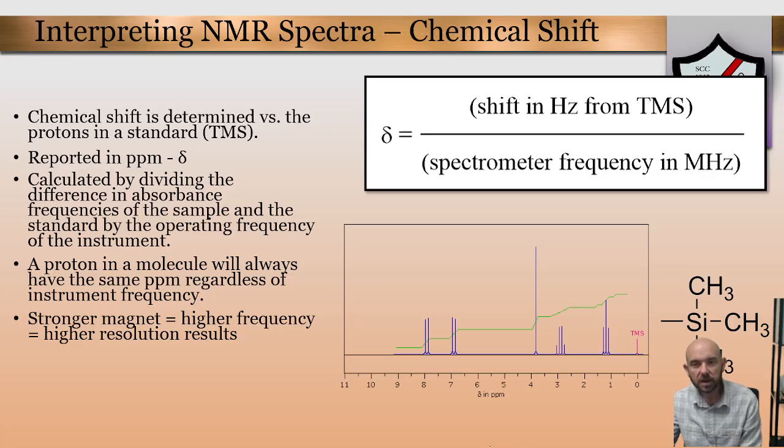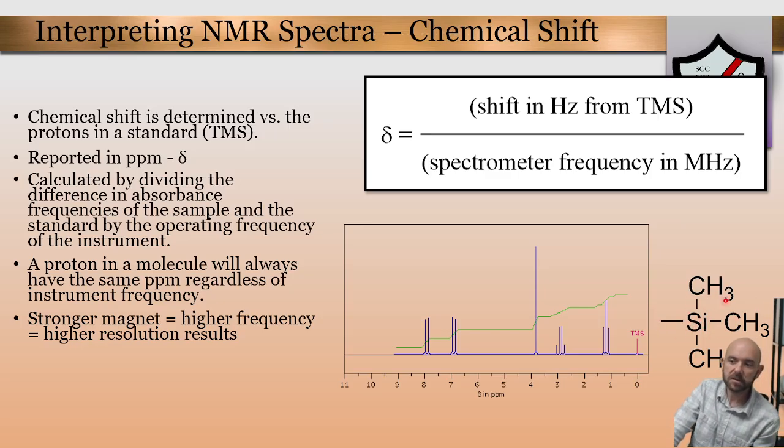The way it's calculated is every NMR run has a standard put into it, and usually that standard is tetramethylsilane, which you can see the structure of in this bond line structure here behind me. So it's got 4 methyl groups bonded to a silicon atom.